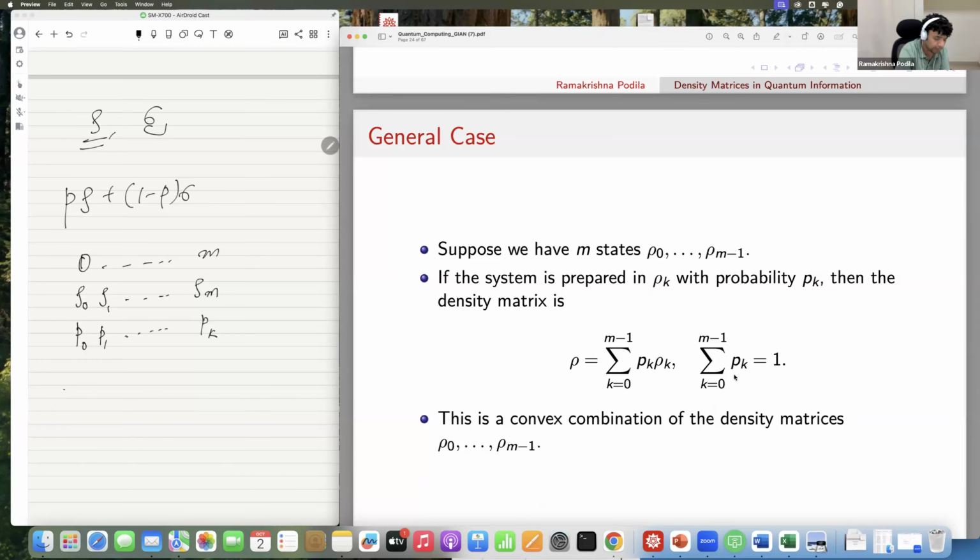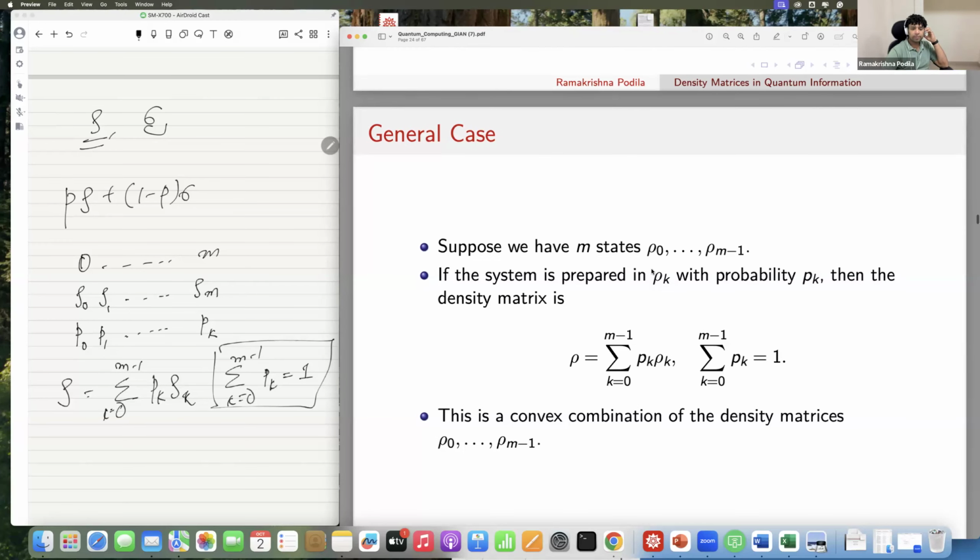Then I can make a convex combination of all these density matrices, the sum over k from 0 to m minus 1 of pk times rho k, with the condition that the sum over k from 0 to m minus 1 of pk is going to sum up to 1. So this is the convex combination. That is, all the weights are going to sum up to 1, and all these P entries are non-negative because they are probabilities. Right, so I can make these convex combinations of density matrices.